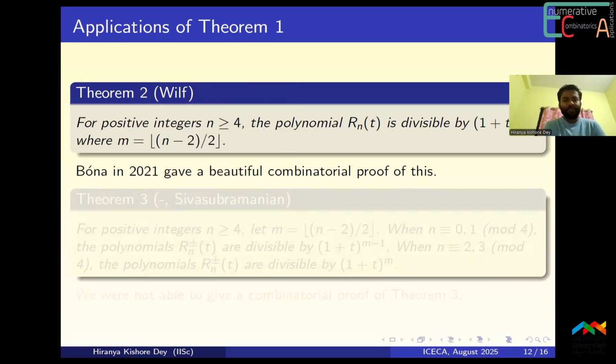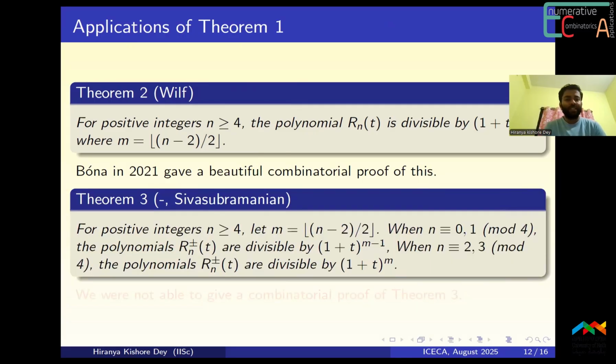Using our result, we can immediately show that for positive integers n greater than or equal to 4, when n equals 0, 1 mod 4, these polynomials Rn plus/minus (t) are divisible by 1 plus t to the power m minus 1, that is roughly (n minus 2) by 2. And when n equals 2, 3 mod 4, they are divisible by 1 plus t to the power of a similar order. But our proof follows as an application from the signed enumeration. We were trying to give a combinatorial proof along the lines of Bona, but we were not able to find one, and it would be very interesting to get a combinatorial proof of this.